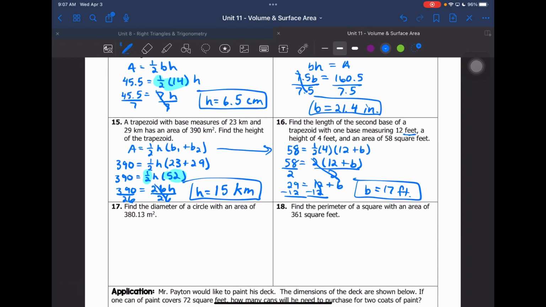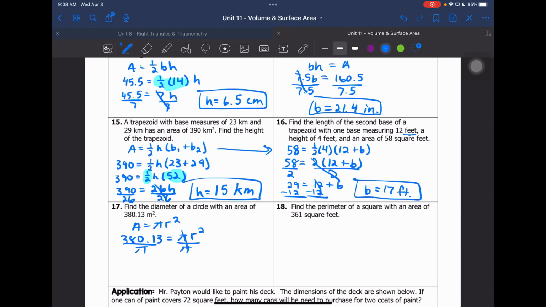Number 17 says to find the diameter of a circle with an area of 380.13 meters squared. So remember the formula for area of a circle. It's pi r squared. We know the area is 380.13. We can write pi. And we don't know the radius, so let's just leave that as r squared. We can divide this by pi.